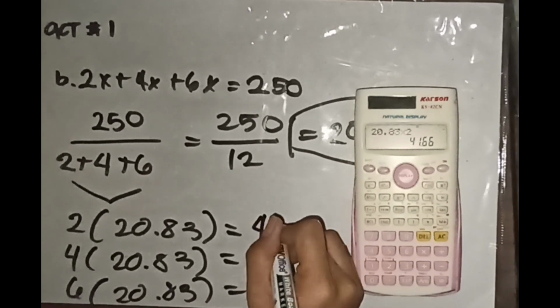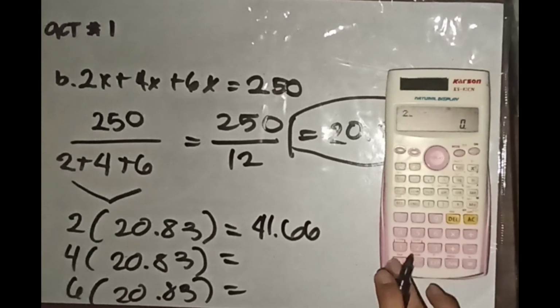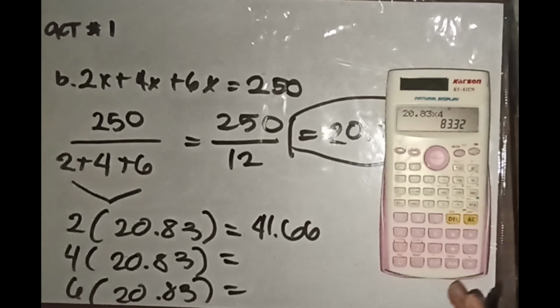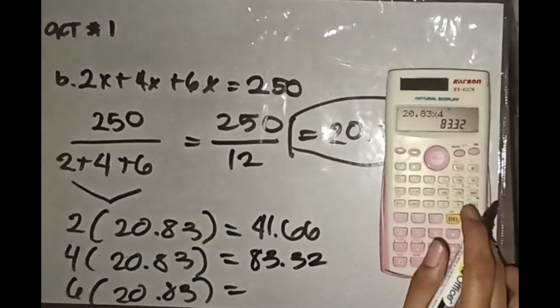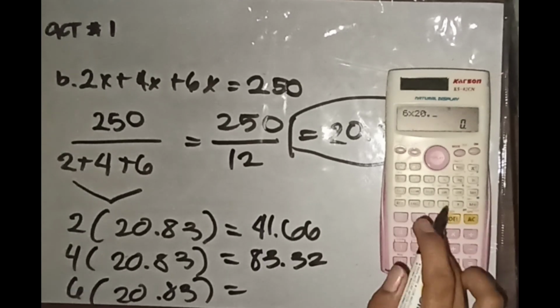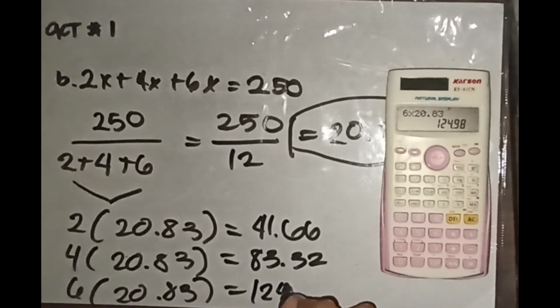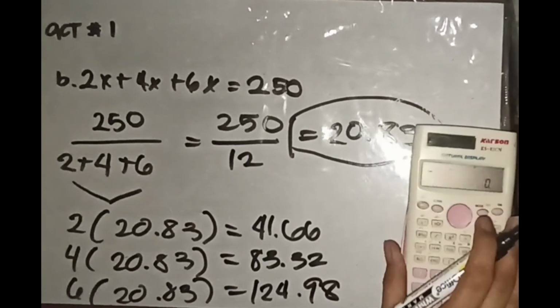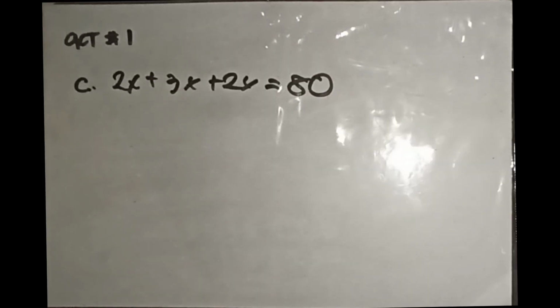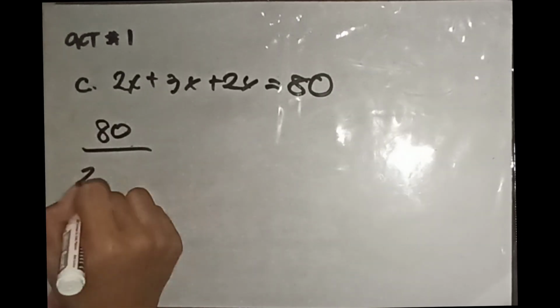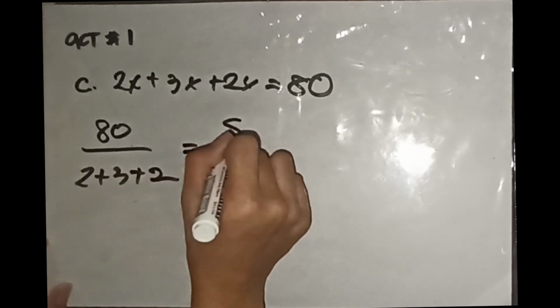Two times 20.83 is equal to 41.66. 4 times 20.83 is equal to 83.32. And then 6 times 20.83 is equal to 124.98.